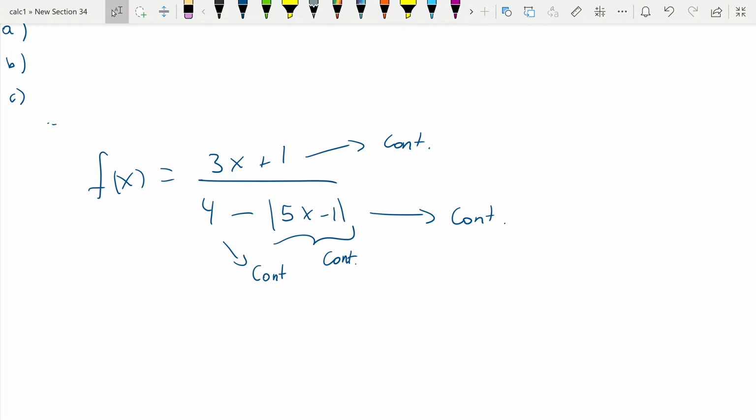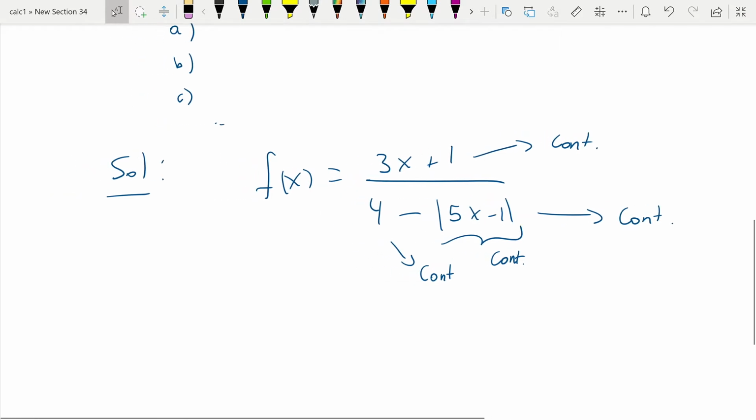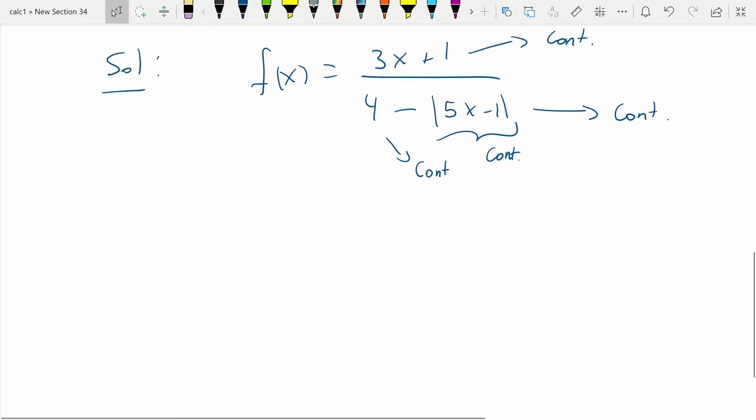The only way that this could be discontinuous is if this function is not defined. And what can make it undefined? Certainly not the numerator. The only problem is when you're dividing by 0. No matter what happens with the numerator, if the denominator becomes 0, then the function will have a discontinuity because f will not be defined there.